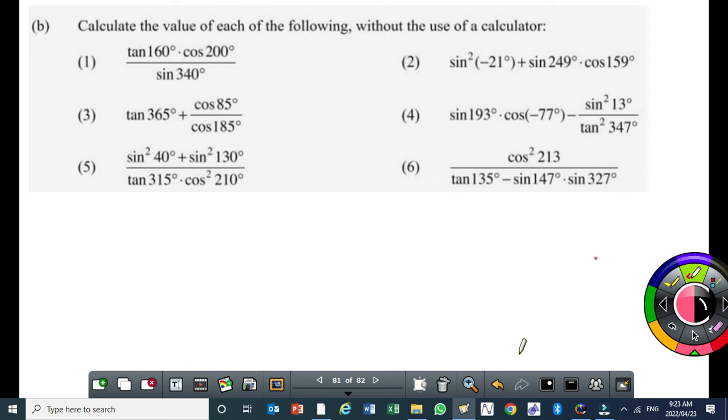What did I say they are for? Reducing angles to acute angles. So, reduction formulae are just a group of formulae which are used to reduce non-acute angles to acute angles.